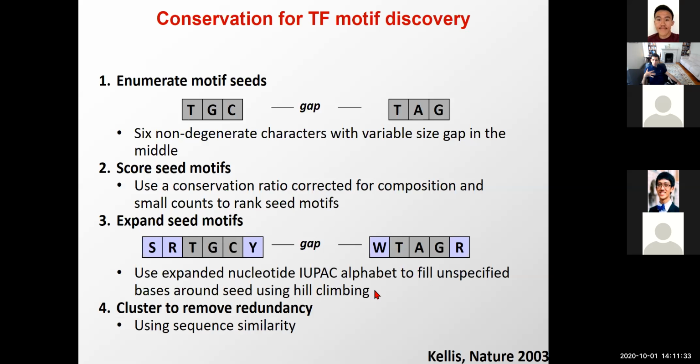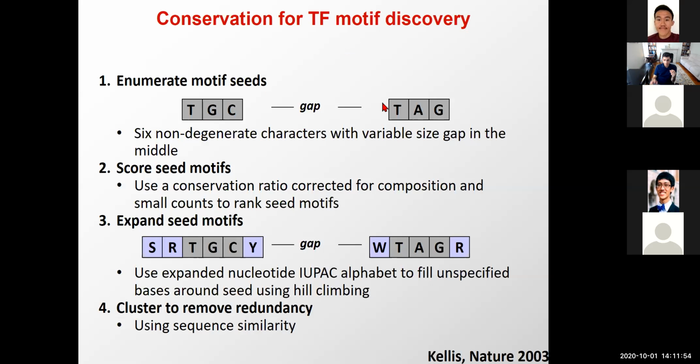So remember how I was talking about earlier, there's this expectation maximization approach, there's this Gibbs sampling approach, or you could simply enumerate. The method that we actually developed was to enumerate transcription factor candidate motifs based on their 3-gap-3 conservation pattern.